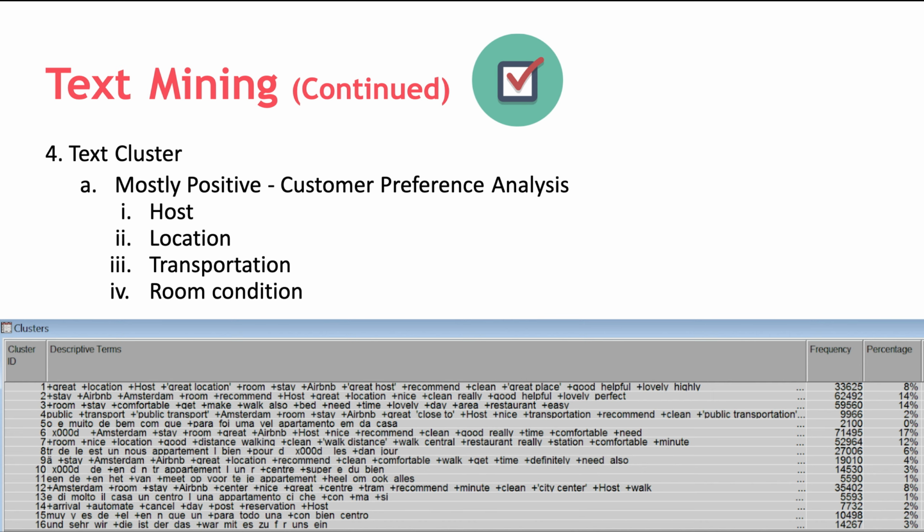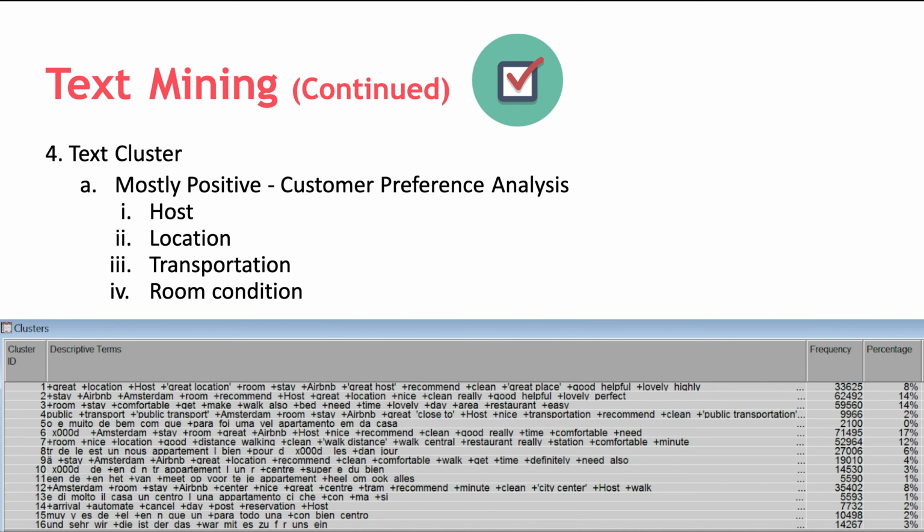And some popular descriptive terms are great, location, host, room, stay, Airbnb, recommend, clean, good, helpful, lovely, and highly. Other clusters are showing similar patterns.